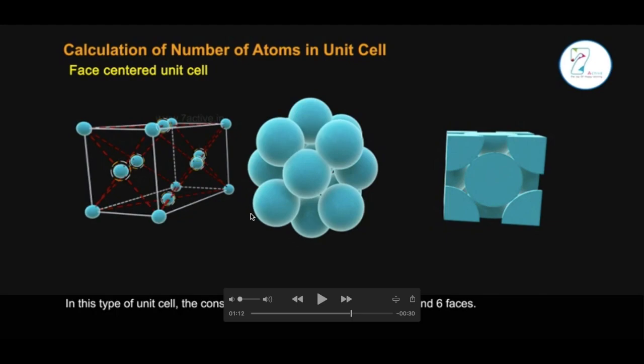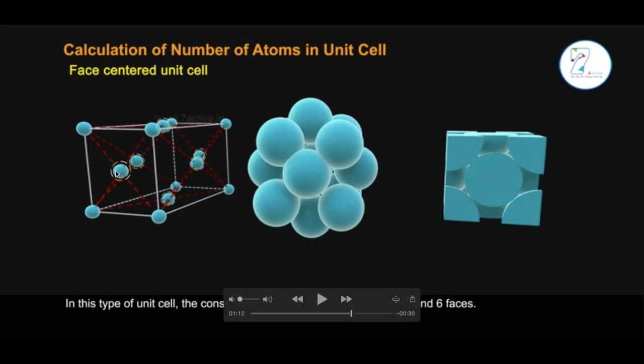In a face-centered unit cell, particles are present at the corners as well as at the faces of the unit cell. There are a total of 6 faces, so the total number of particles present at faces will be 6. Each face is shared by 2 unit cells.